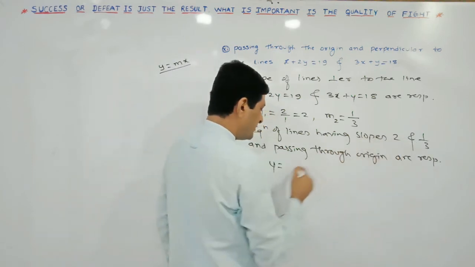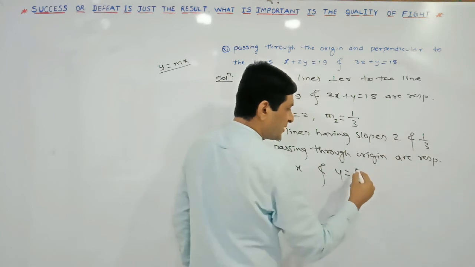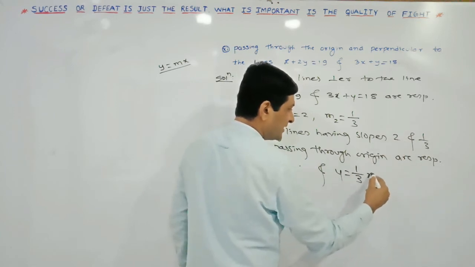What is the value of m here? y is equal to 2x. And the equation of the second line is y is equal to mx. For the second line, the slope is 1 by 3, so y is equal to 1 by 3 into x.